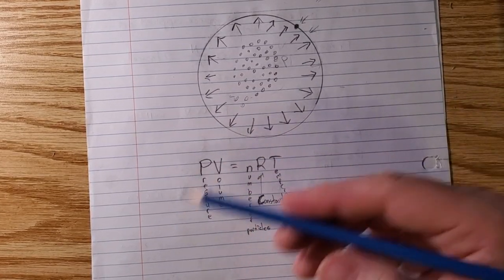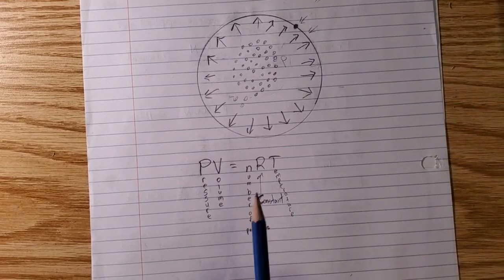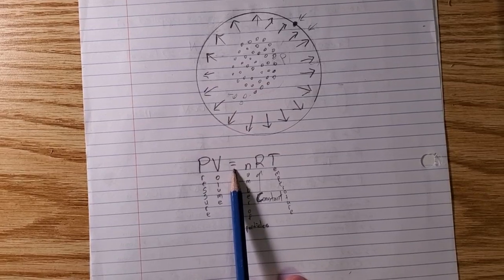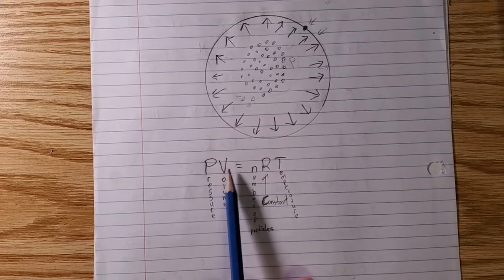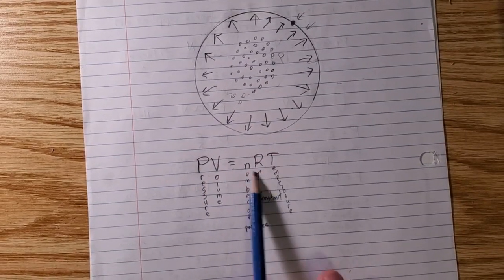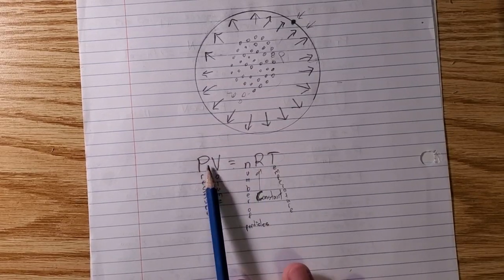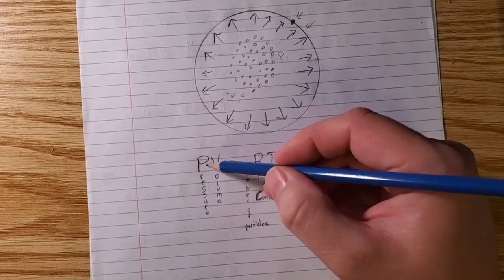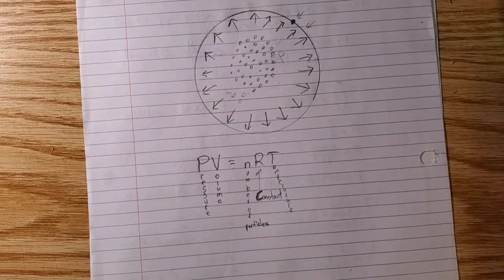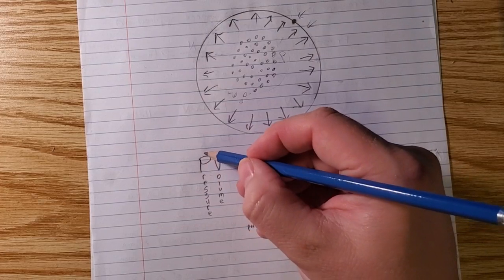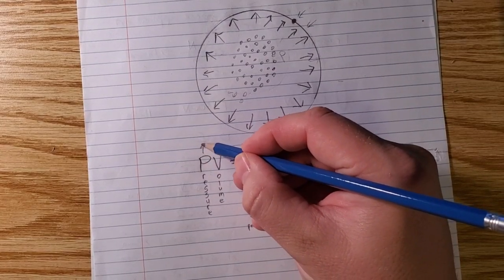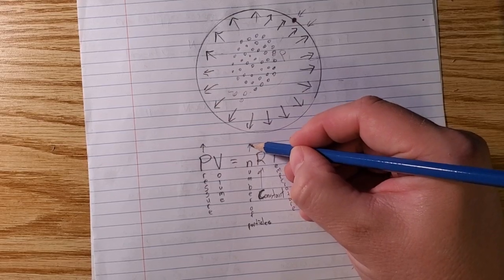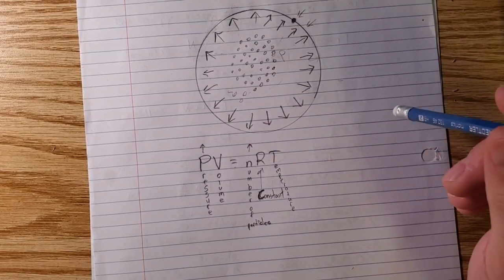And scientists have discovered this, and I just want to point out that in order for this to be equal, so these two multiplied by each other and these three things multiplied by each other, for them to stay equal, if you change any one of these, something else has to change. For example, if you raise the pressure, you pressurize it more, maybe by putting in more particles, it can stay equal.